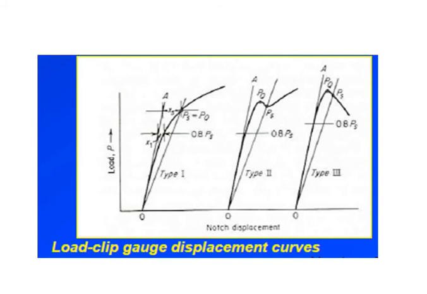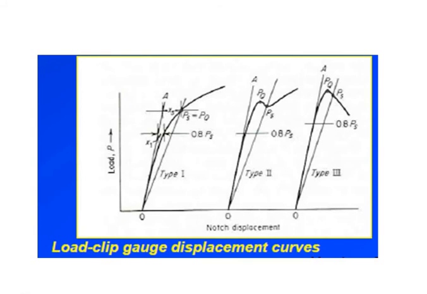Now the only change is depending on the material type. In type 1, the load displacement curve keeps going up incrementally. In type 2, you can see that there is a drop at the PQ point, and then once again it comes down to PS.